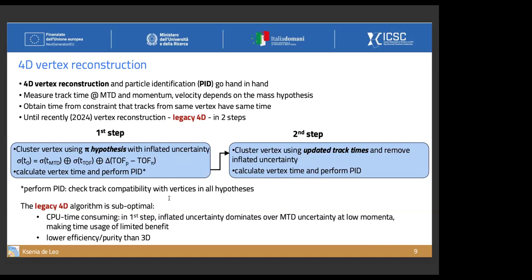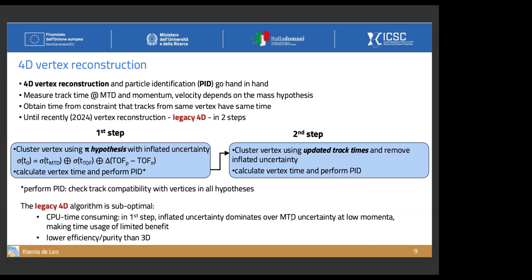However, this algorithm is not the optimal one, because it is CPU time consuming, because in this first step that we perform, the MTD uncertainty is smaller than this inflated uncertainty that we had given by the assumption of the pion hypothesis.